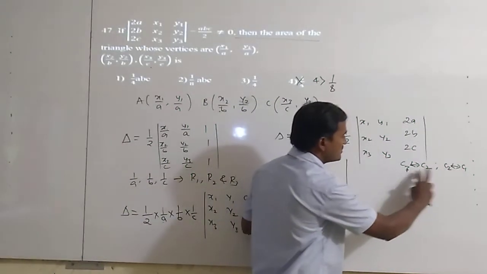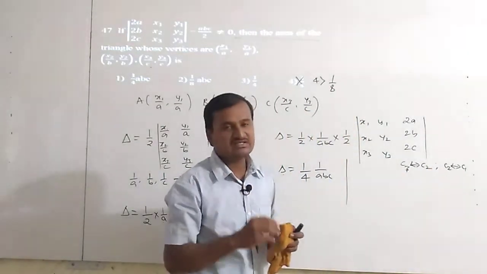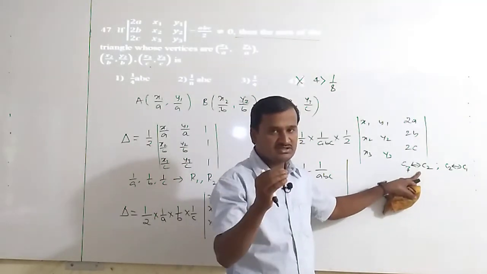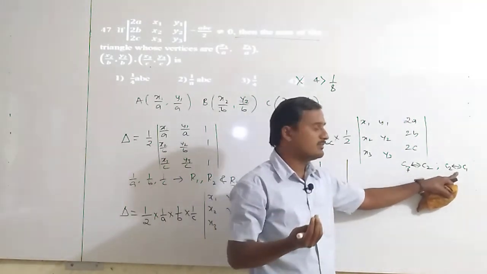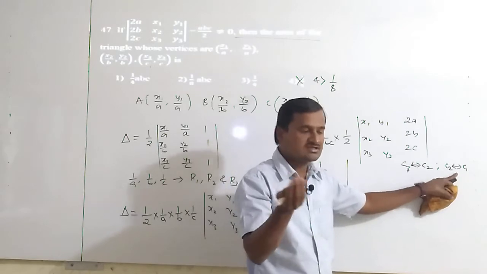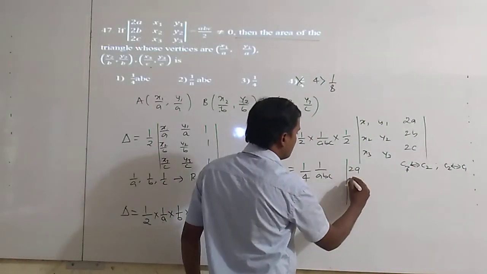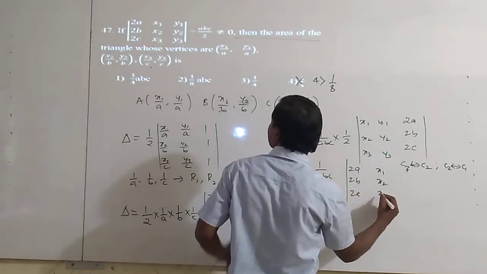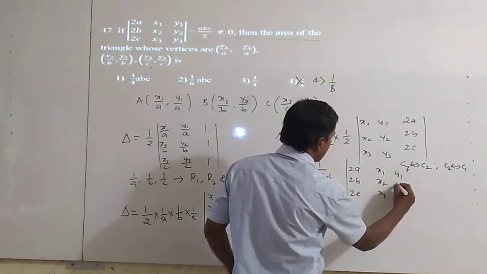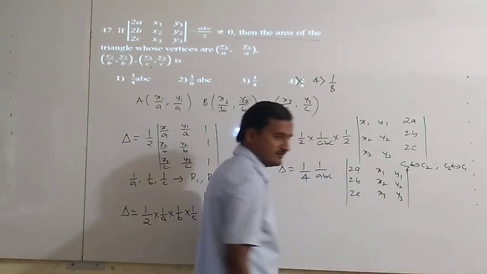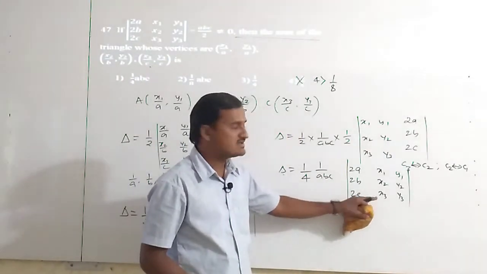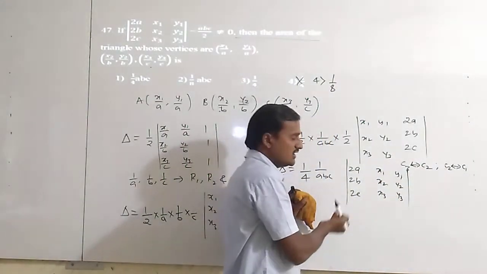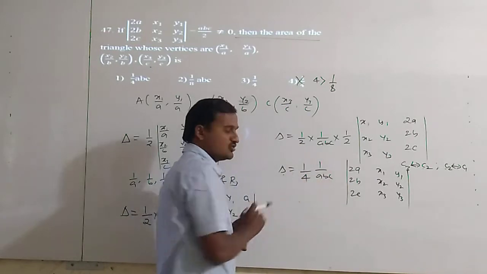If I change it two times, the sign also changes two times. First the sign is negative, after that I apply this one again and it changes to plus. So clearly I am getting 2a, 2b, 2c, then x1, x2, x3, and y1, y2, y3, right? By interchanging C3 to C2 and C2 to C1, I am getting the positive only.